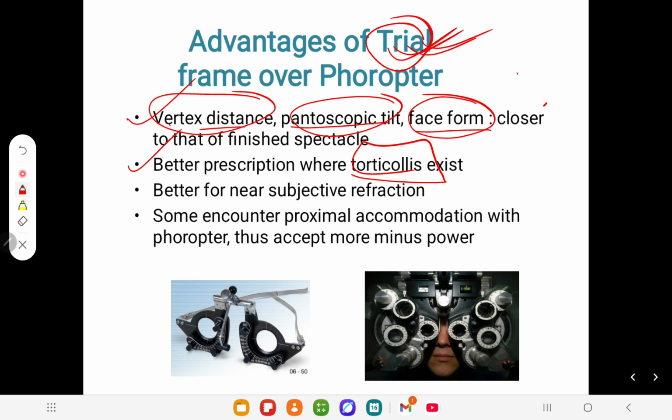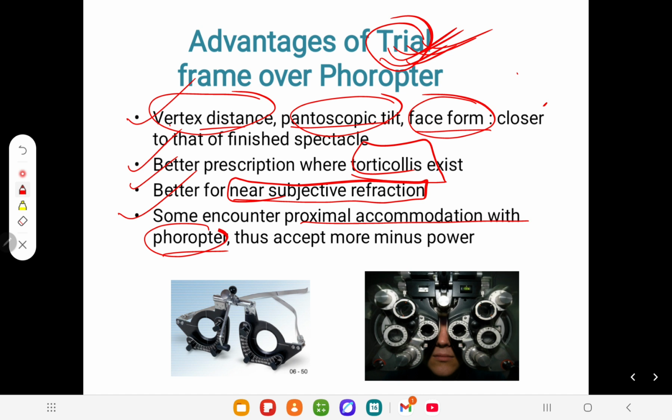It is also better for near vision, for near subjective refraction. If you want to prescribe for near vision, then the trial frame will always be better. Some patients encounter proximal accommodation with the phoropter. You know proximal accommodation, isn't it? It means one component of accommodation which is stimulated when you think the object is nearby, when the object is proximal, then that part of accommodation is stimulated.